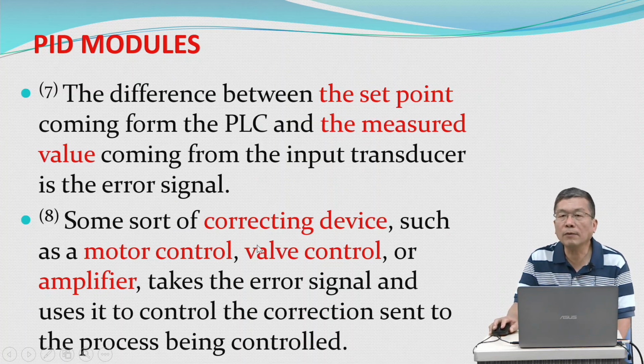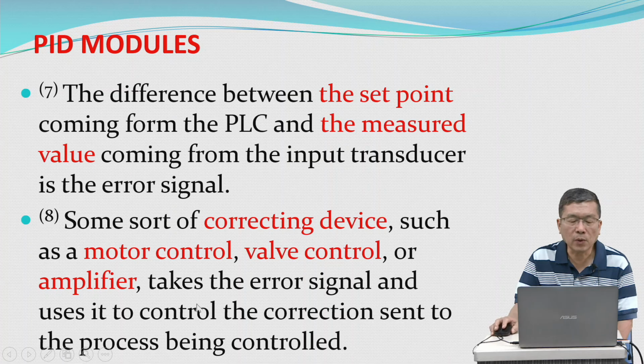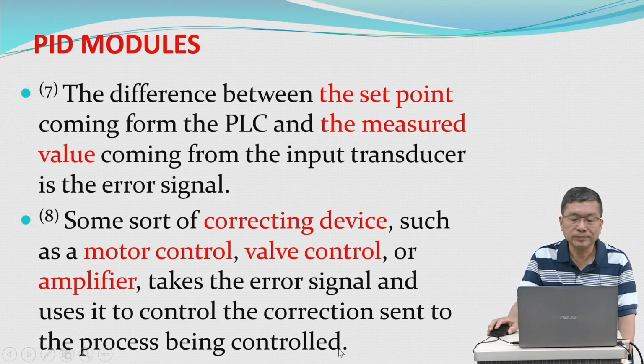Some sort of correcting device, such as a motor control, valve control, or amplifier, takes the error signal and uses it to control the correction sent to the process being controlled.